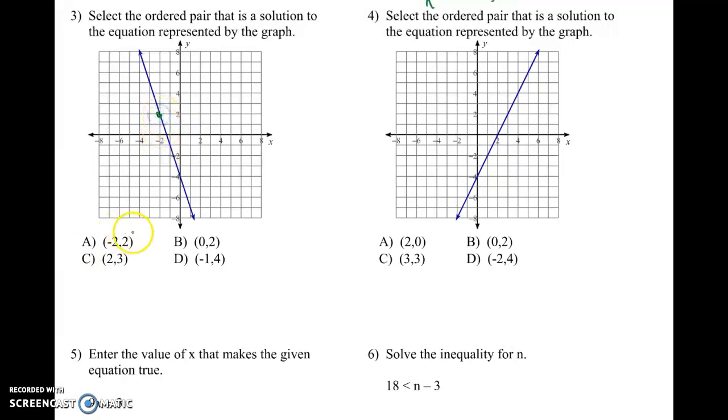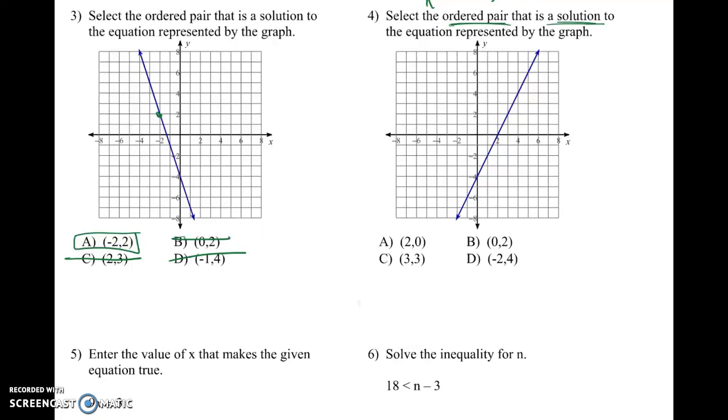Oh, well there you go, it lies on the graph. How about this one? Let's see if this one also works. 0, 2, no. 2, 3, no. -1, +4, no. So based on that, you guys should be able to do number 4, find which one is a solution, or which ordered pair is a solution that should lie on the graph.